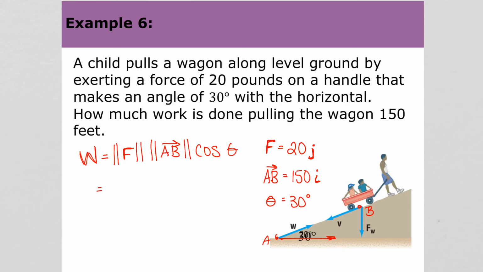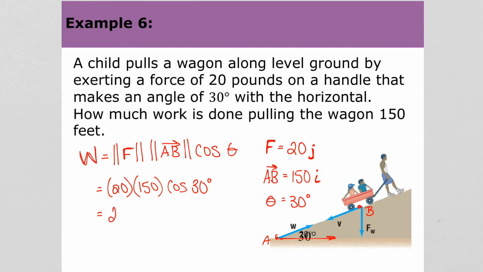So the magnitude of the force would be the square root of 20 squared, which is basically just 20. The magnitude of vector AB would be the square root of 150 squared, or 150, times the cosine of your angle.